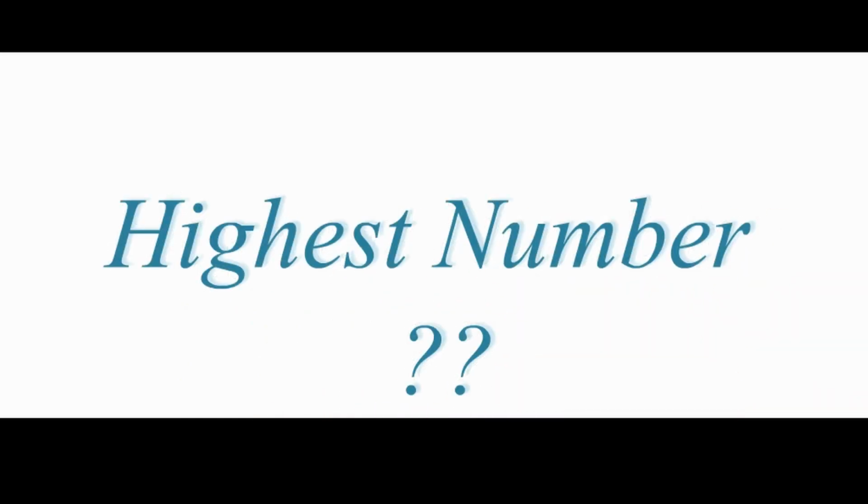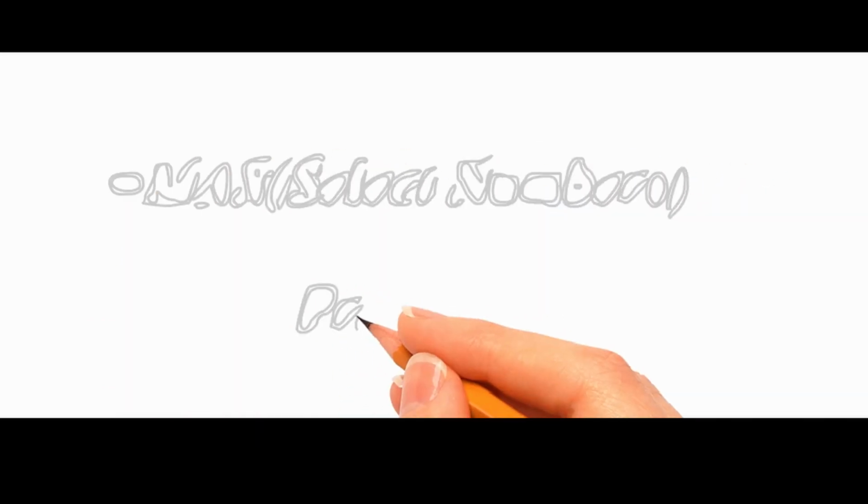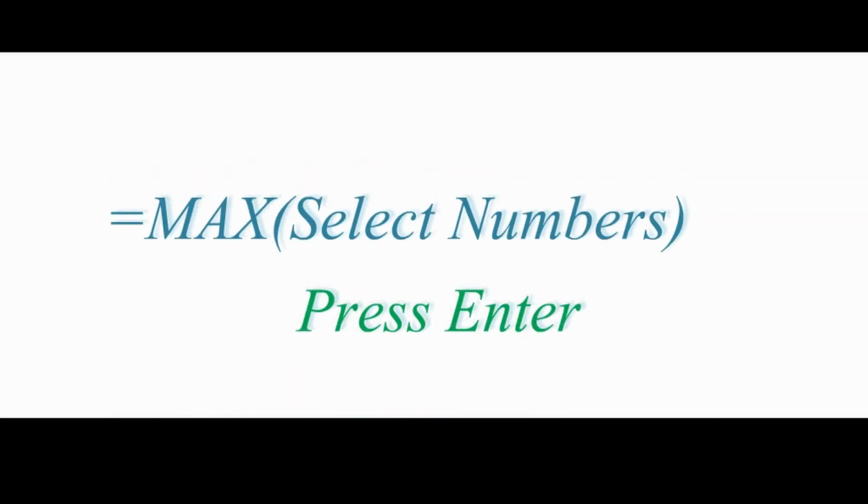Now tell me, if I want to take out the highest number from the given numbers, which function will I use here? Come on, tell me. Yes, you're correct. We have to put max function there. Similarly, the same structure we have to use, we just have to replace sum from the previous structure.